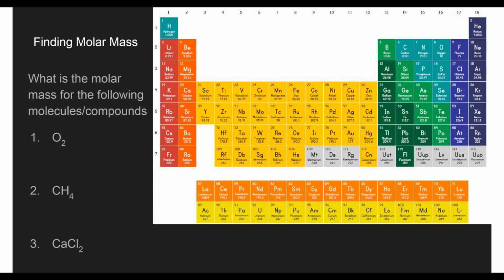Whenever you see molar mass, your unit is grams per mole. So our oxygen is going to be 32 grams per mole. CH4 is going to be 16 grams per mole. Calcium chloride is going to be 111 grams per mole.